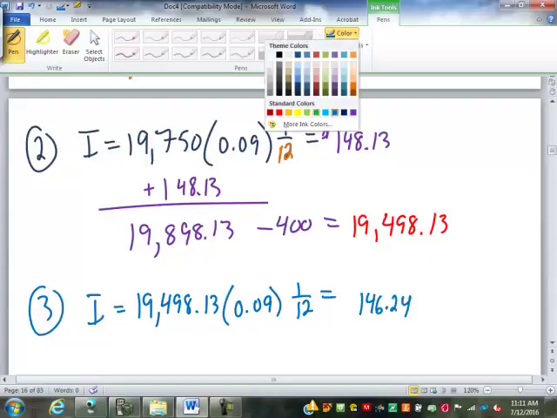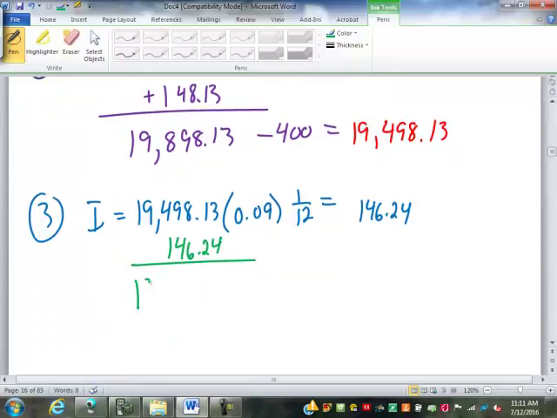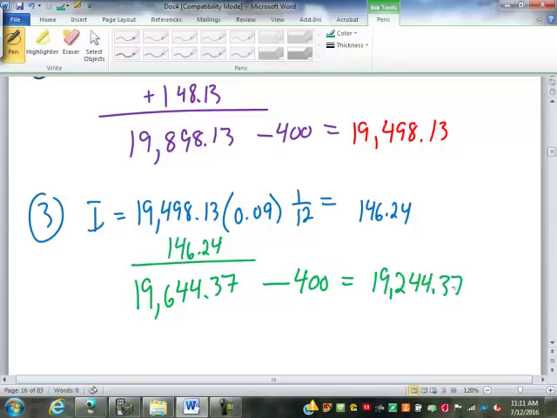So again, that is going to get added to your balance before we subtract out the $400 payment. Now we're going to stop there. We're only going to go 3 months because I'm going to show you a little trick.